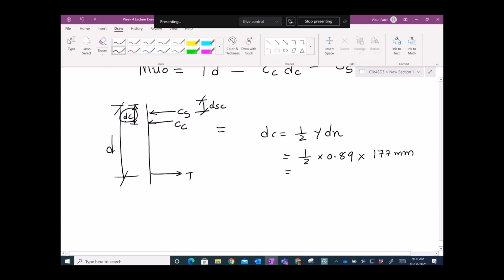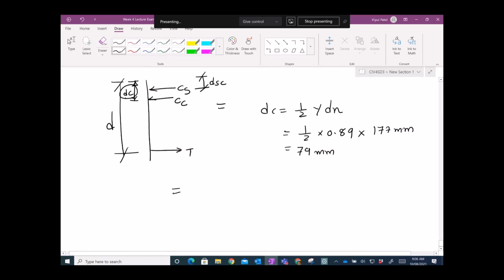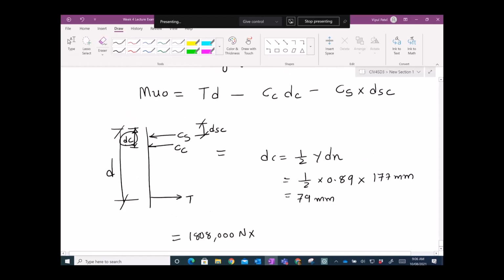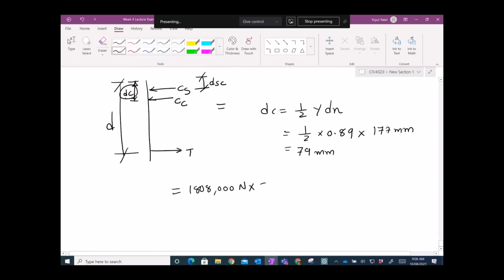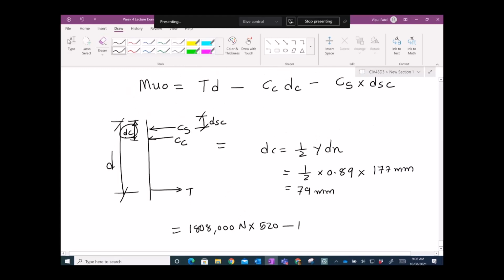So in that case we have 79 millimeters. Now we can substitute all the values. That T force is 1808000 newtons times this distance, 520, take away 1414, and I hope all these big numbers are ones that we found before as well.